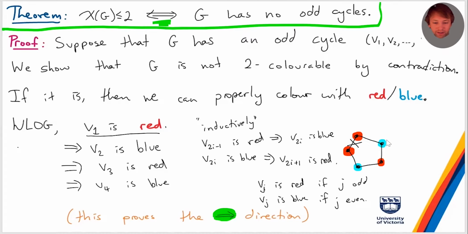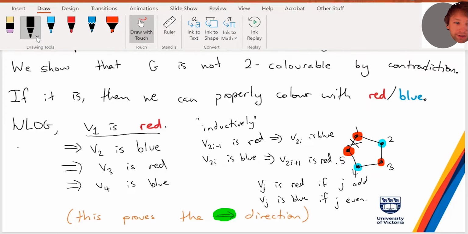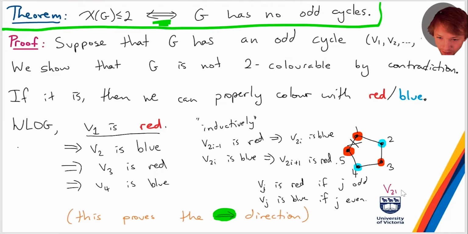I'm just repeating this argument we had on the 5 cycle, but in more generality. The first one is red, the second one is blue, third is red, fourth is blue. But we get a contradiction because V_{2k+1} is adjacent to V1, and both of them are red.